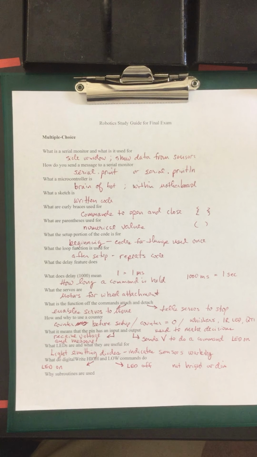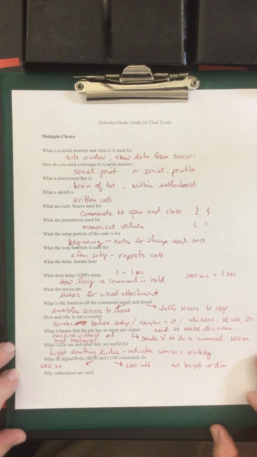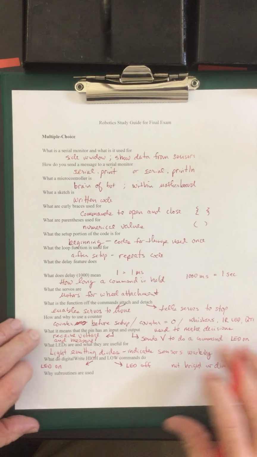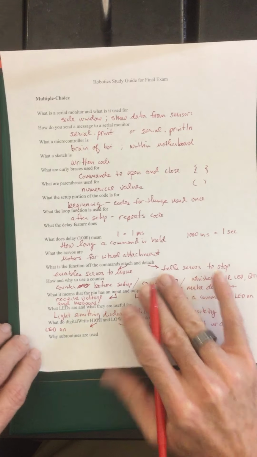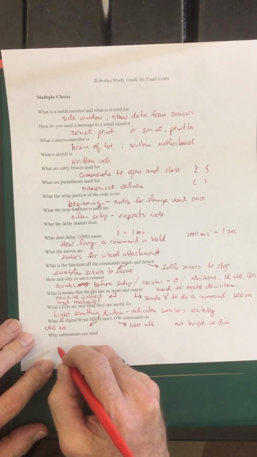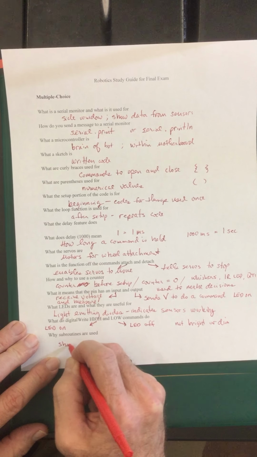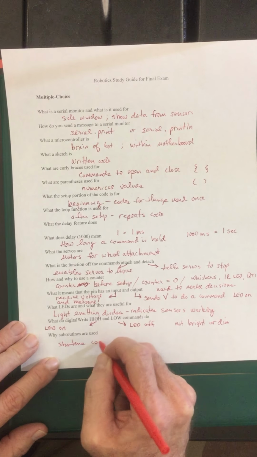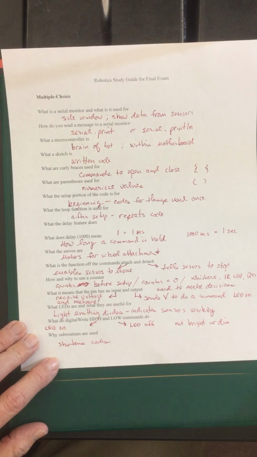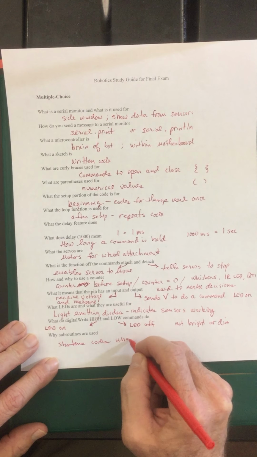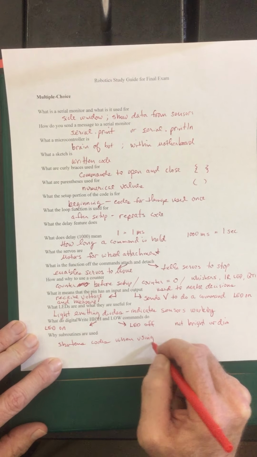So why are subroutines used? Subroutines are used when you're going to have something repeated over and over again. It helps to shorten code when you have repeated commands.